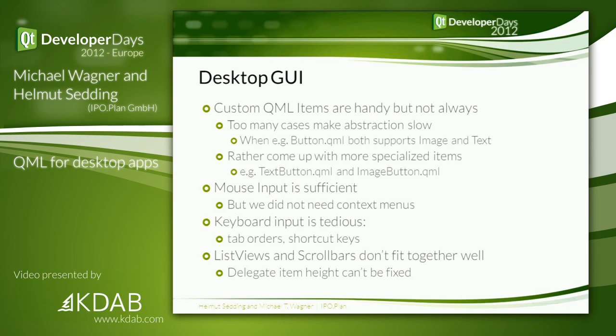You can even do custom QML items. You don't need to write C++ code all the time. You can make your own buttons, for example. But try to not include too many corner cases. For example, if you want to have a button that has at one time an image in it and at another time a text in it, don't make the decision within the button, but rather provide a text button and a separate image button, because it's so different within the code.